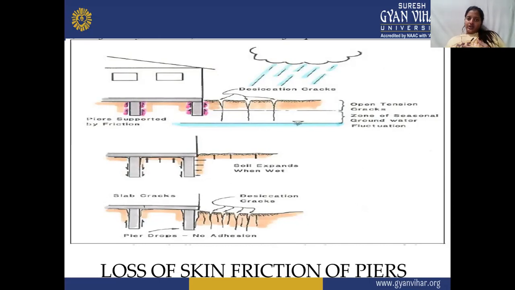But the outside area, which is directly exposed to the rainfall, develops cracks, and the water percolates into these cracks and a large amount of soil expands. Due to this there is an increase in volume, which exerts pressure onto the soil. So when the soil is wet, it expands and creates a lot of compressive stresses in the foundation of the building.